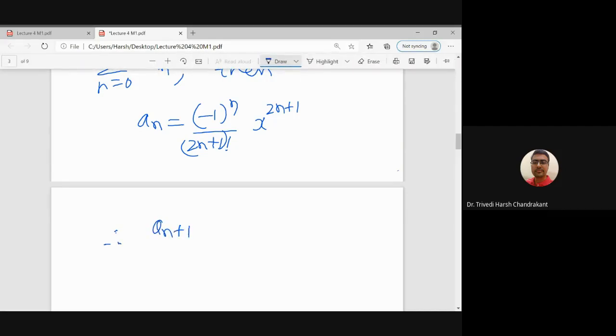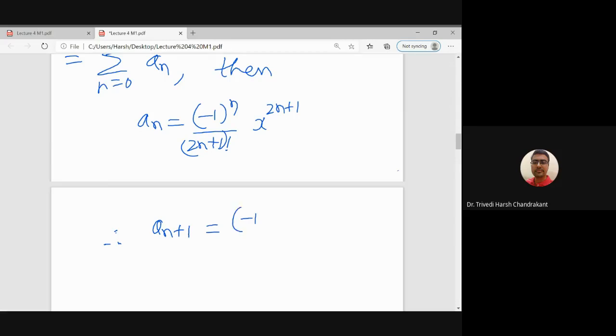For that we will apply the ratio test, because here the series is in terms of powers of some number. So usually we apply the ratio test there.